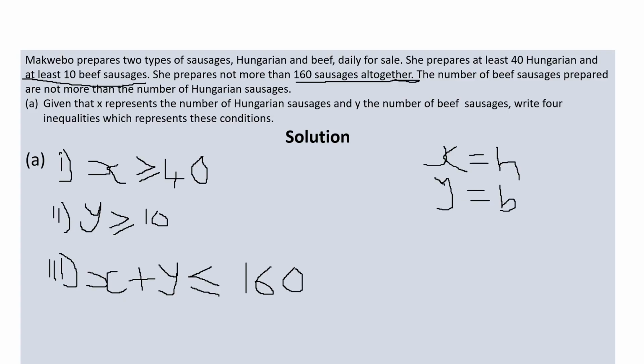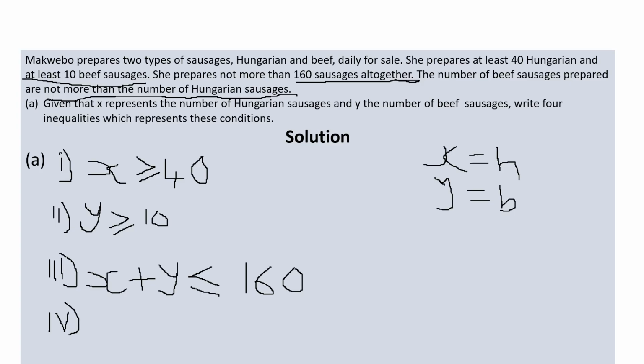Then the question continues, meaning we are going to come up with the fourth inequality. The number of beef sausages prepared are not more than the number of Hungarian sausages.